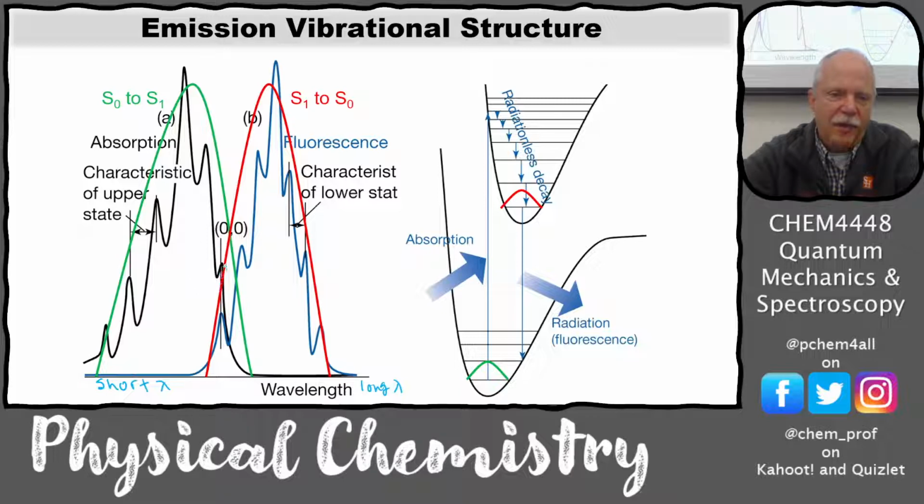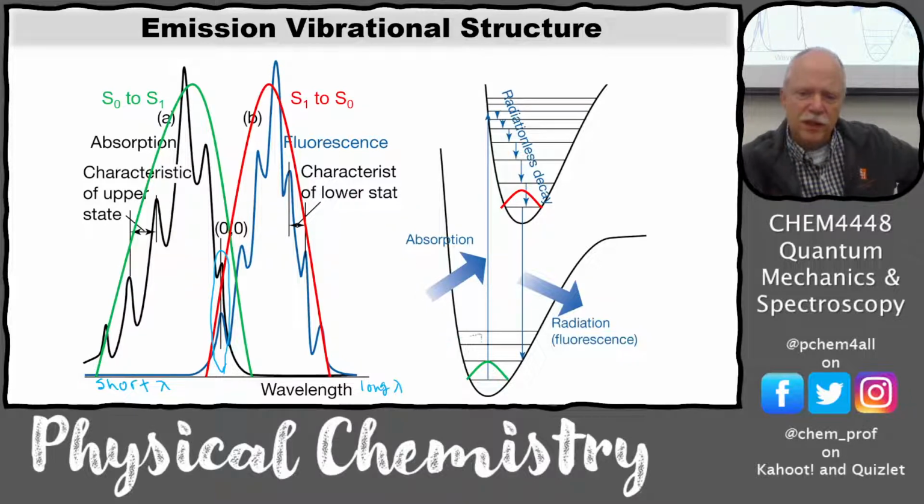Sometimes they overlap, and if they overlap, it's the 0-0 transition. So where would the 0-0 transition be? I'll draw it right here. So this is an arrow going from V double prime equals 0 to V prime equals 0.